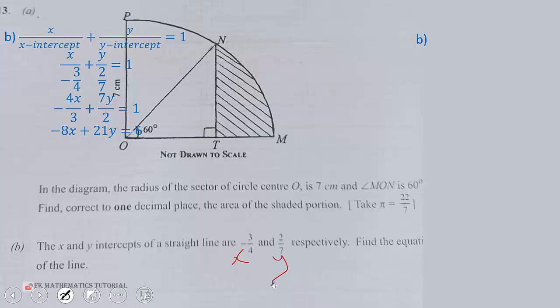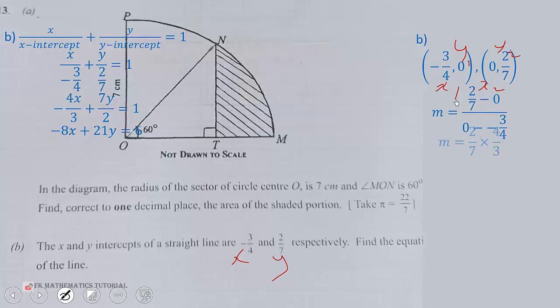Or there's another way you can do it. The x-intercept is negative 3 over 4, 0. And the y-intercept is 0, 2 over 7. So these are 2 points. You can use these points to find the gradient. y2 minus y1 over x2 minus x1.